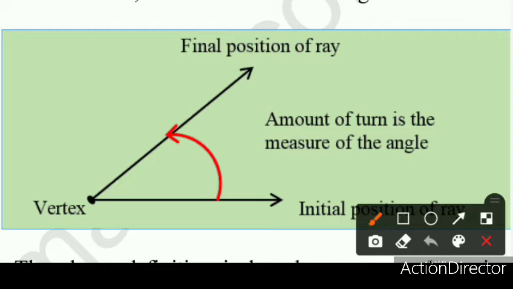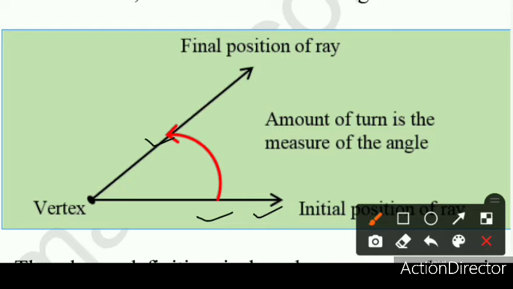So basically, this first ray is the initial position of the ray, and from this point the ray moves from here to here.